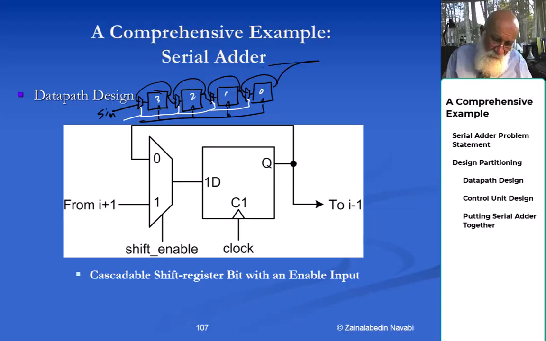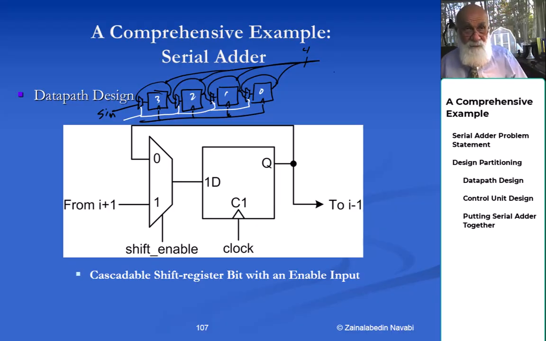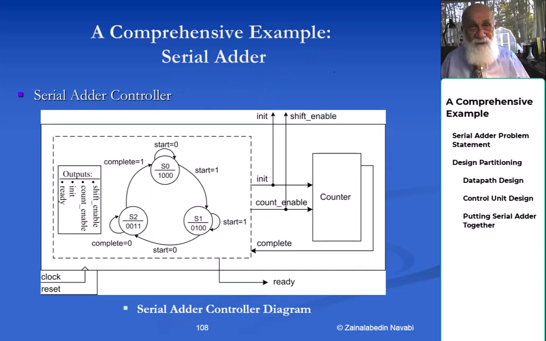In this case, it's forming a 4-bit, and then in your case, in the serial adder case, this is going to be an 8-bit. Okay, I'm done with the data path, and now I have to do the controller.